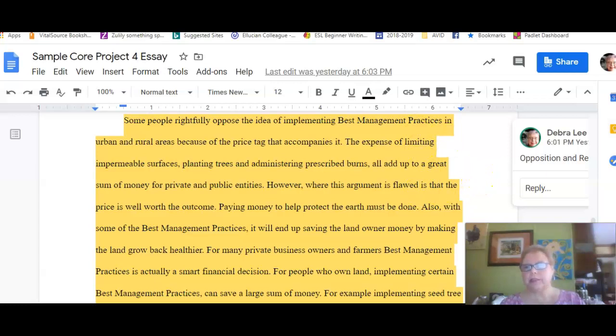What this does is it gives your essay that authority, that ethos. I am acknowledging, I'm not just saying what will work and ignoring what people who object to it say. I'm also acknowledging what the opposition says. So that is good to be able to do.